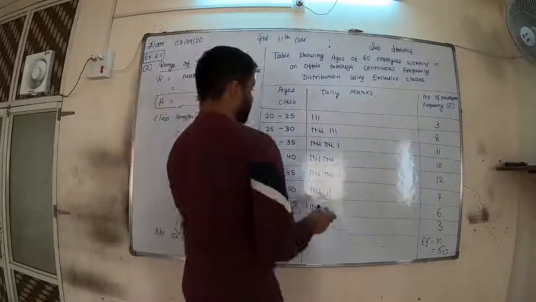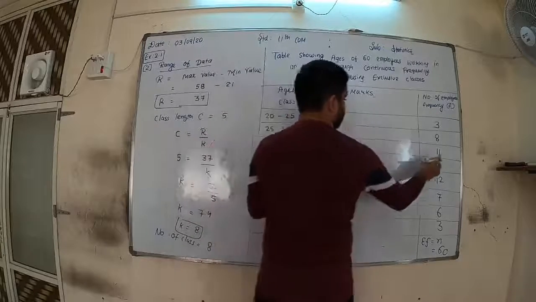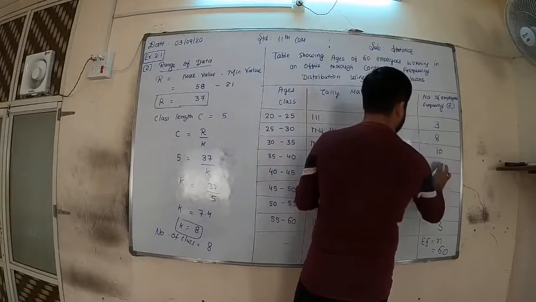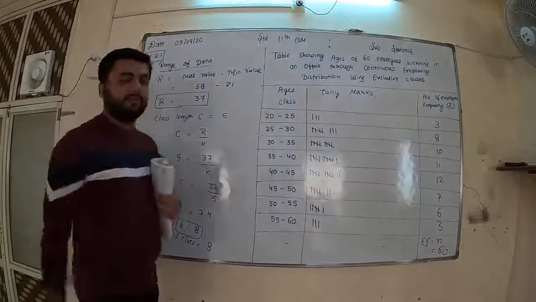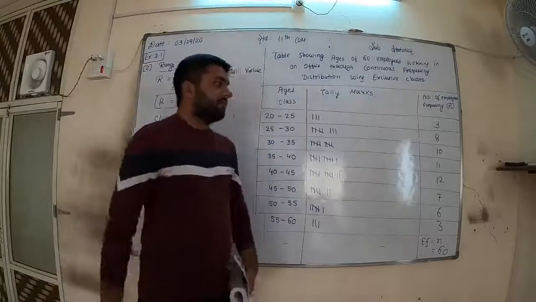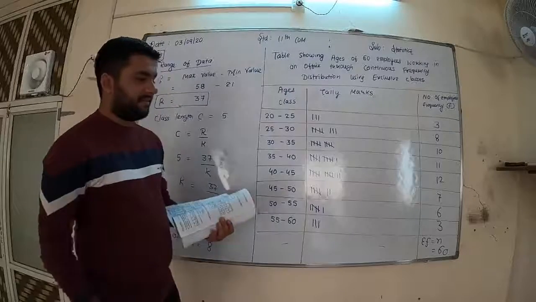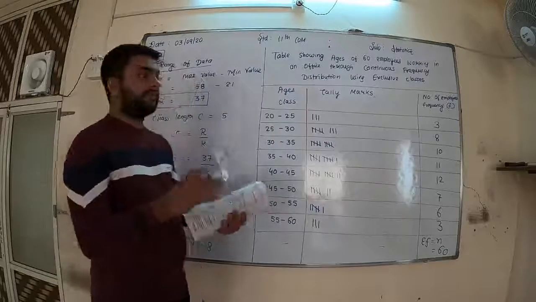Yes, it is correct. Instead of here, one count I have done here. Instead of that count, I have counted here. 3, 8, 10, 11, 12, 7, 6, 3. Okay, so this is the answer.